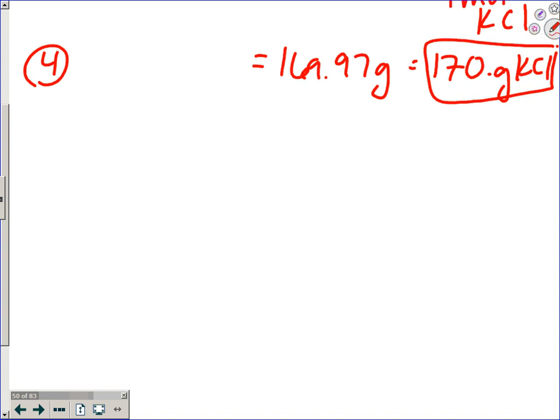How would you prepare? Okay, so when you hear the word prepare, it's talking about making a solution. What equation comes to mind? The dilution equation, which is M1V1 equals M2V2. Okay, so capital M is what? Molarity. We know that's moles per liter, but molality is moles per kilogram of solvent. Okay.